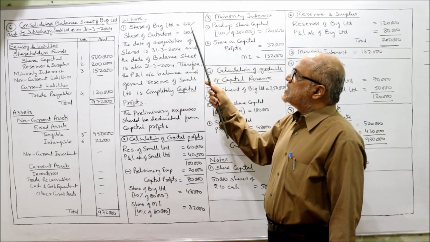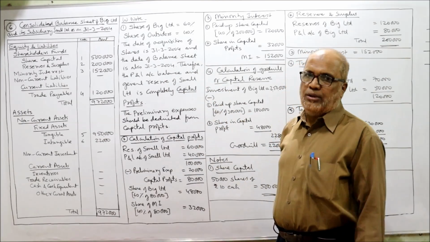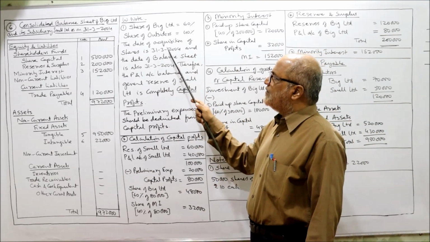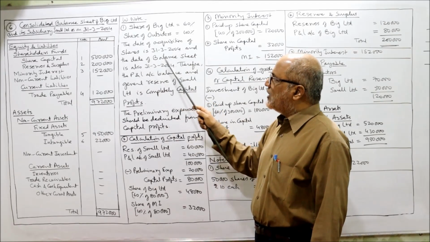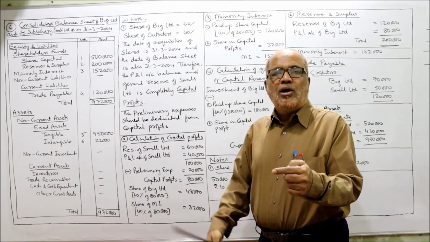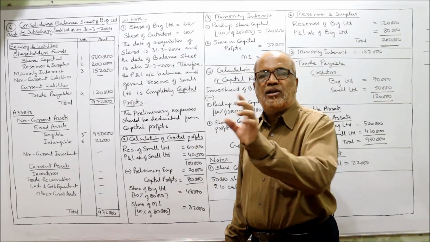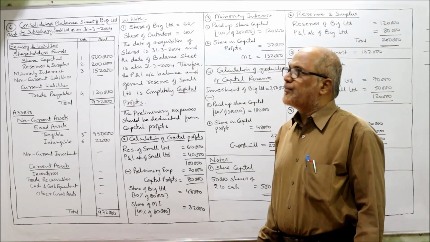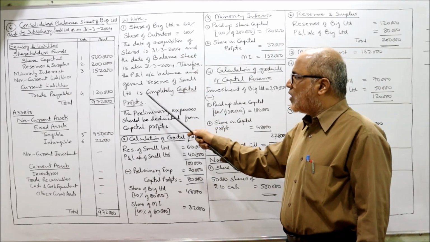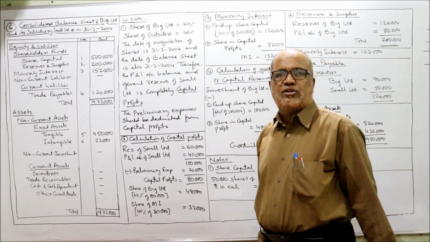Now see the working note here. Share of Big Limited is 60%, share of outsider is 40%. Second, the date of acquisition of shares is 31st March 2004 and the date of balance sheet is also 31st March 2004. There is a coincidence of the balance sheet date and the date of acquisition of shares. So therefore the profit and loss account balance and general reserve of Small Limited is completely capital profit.